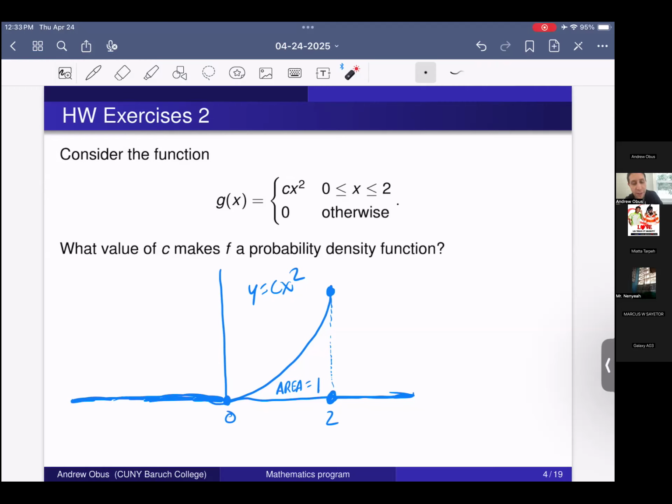So how can we set up an equation that's going to give us the correct value of c? Okay. Well, we want the area to be 1.